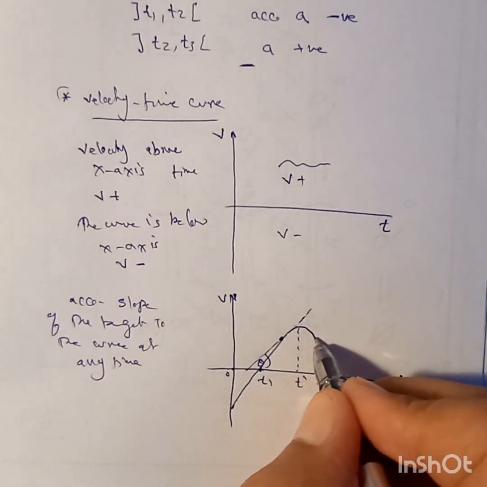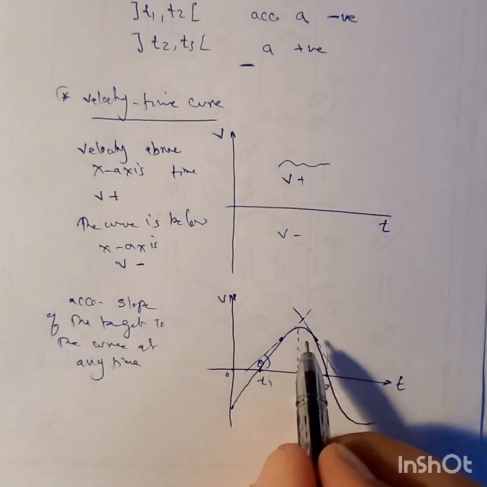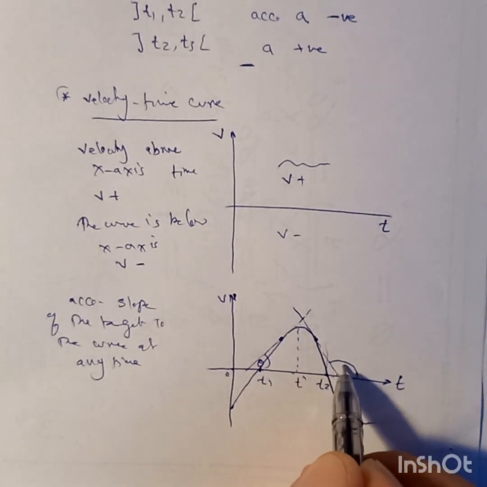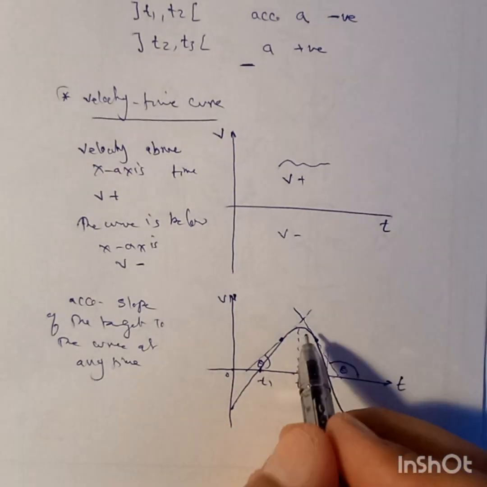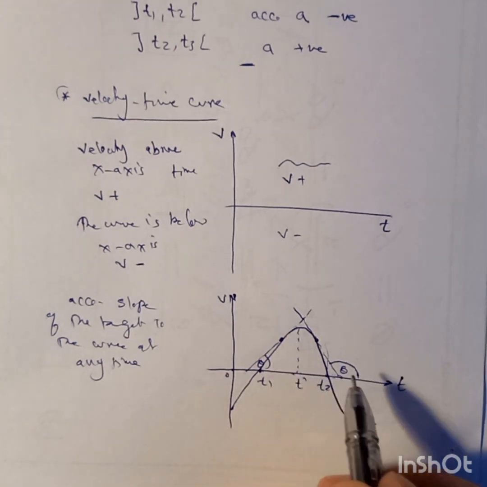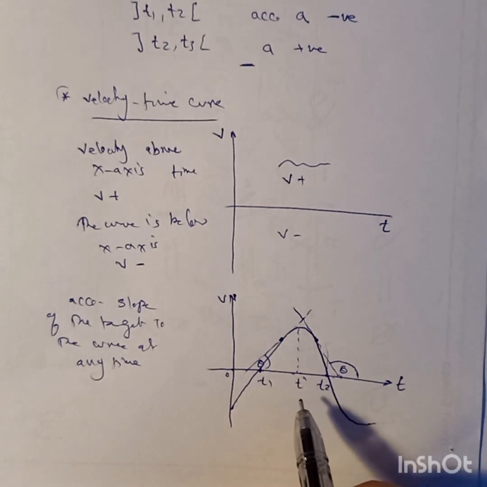If we draw a tangent to this curve like this during this time interval, the tangent makes an obtuse angle with the horizontal time axis, or x-axis, then during this interval the acceleration of the motion of this body is negative.